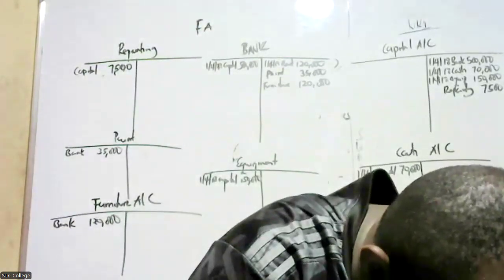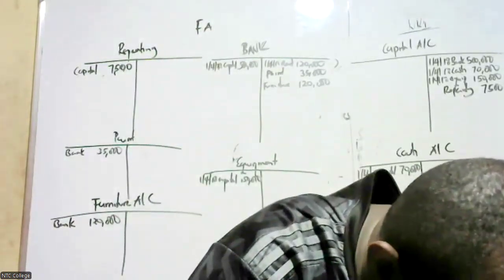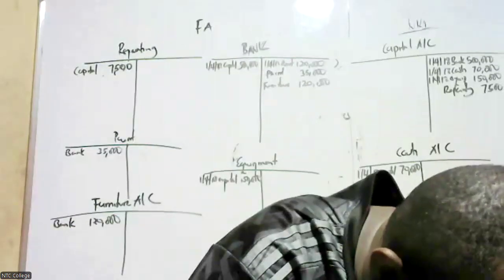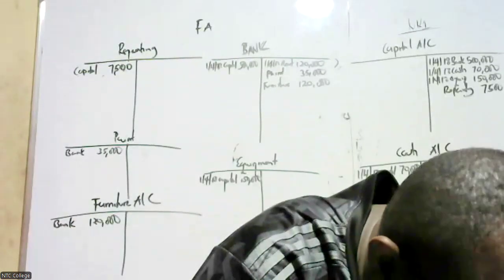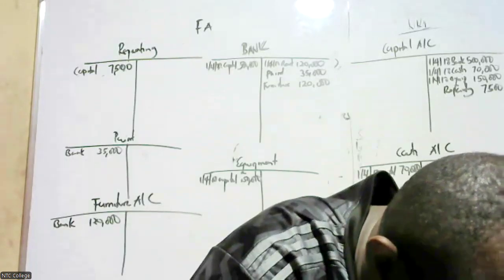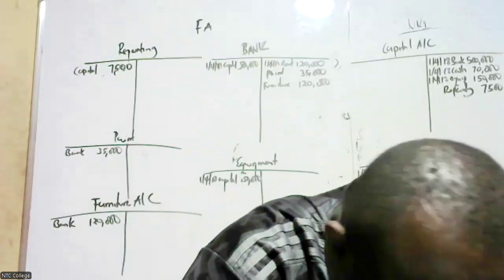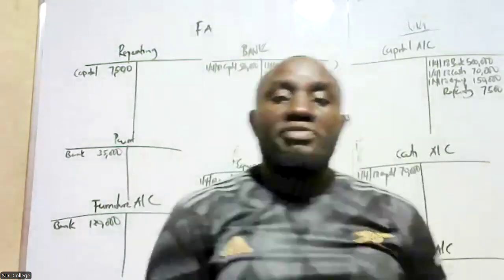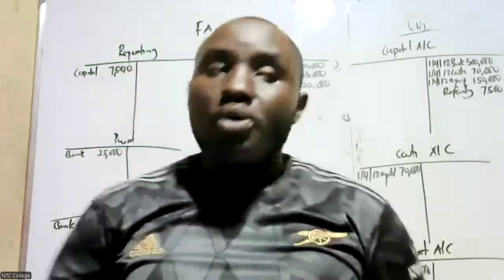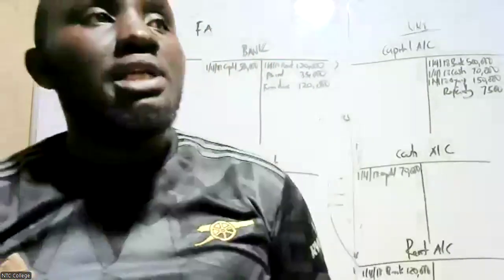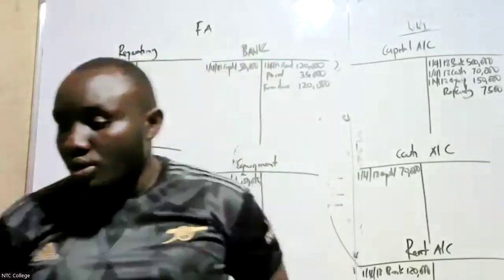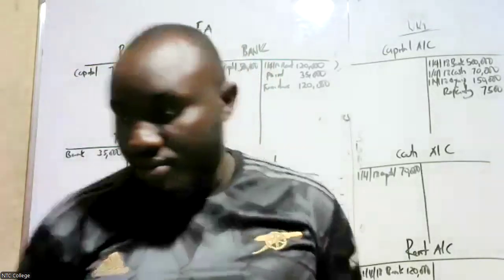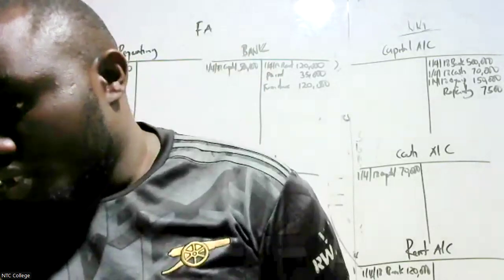Yes, we're together. Then we have the next. In addition, Ron also bought a safe at 30,000, which also was paid through check. How do you deal with that safe?